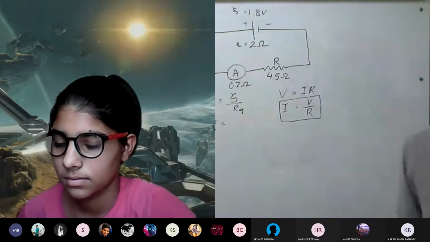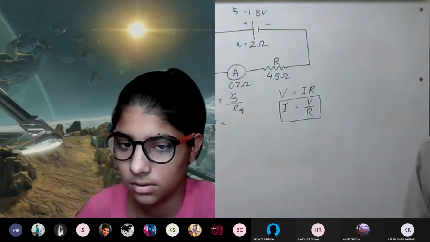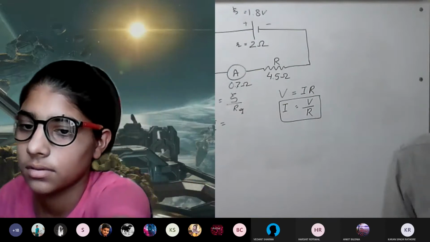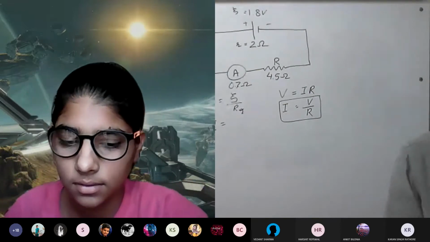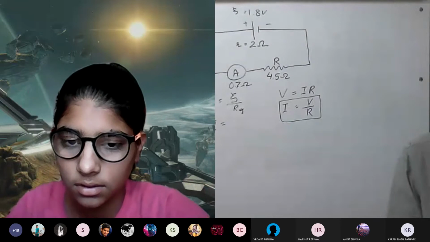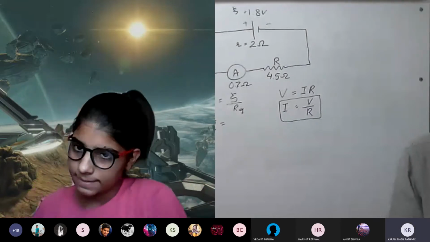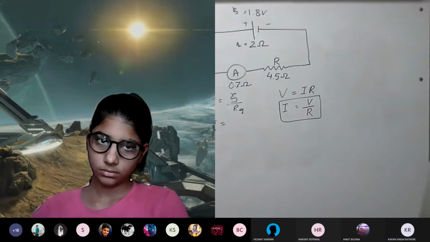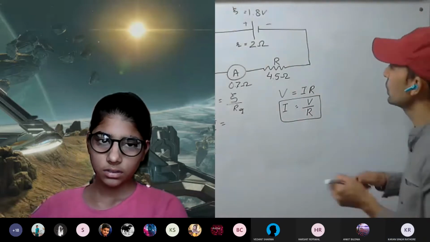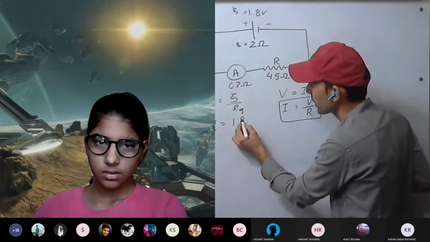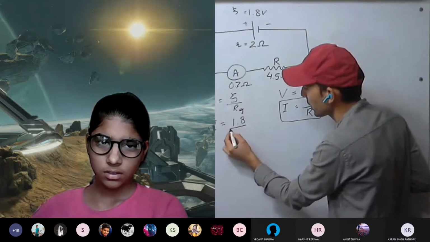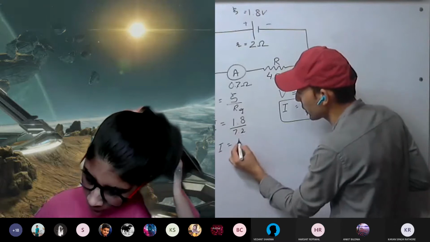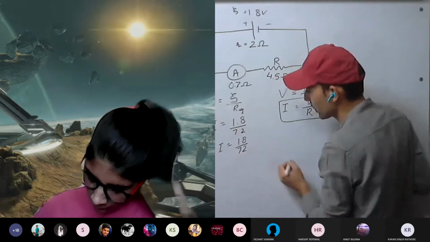What will be the equivalent resistance? Calculate it, everyone. It will be 2 plus 0.7 plus 4.5, that is 7.2. So I equals 1.8 divided by 7.2, which is 18 divided by 72.